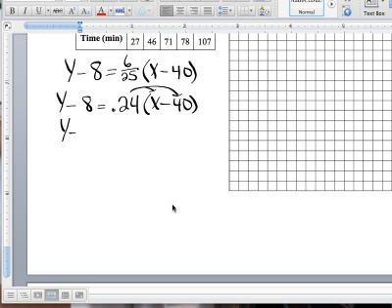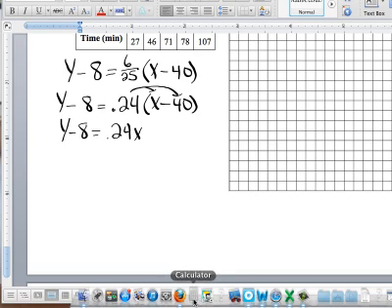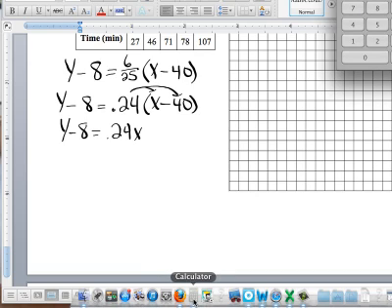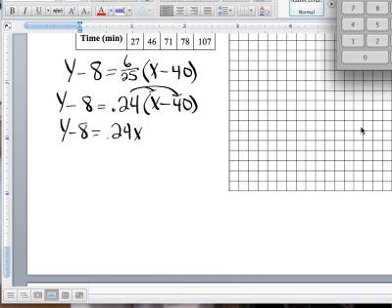So we get y minus 8 equals 0.24x, because 0.24 times x is 0.24x, and then we need 0.24 times negative 40. That's negative 9.6.